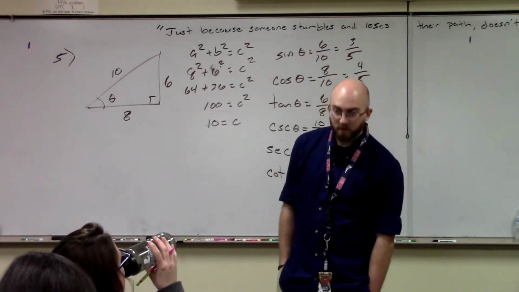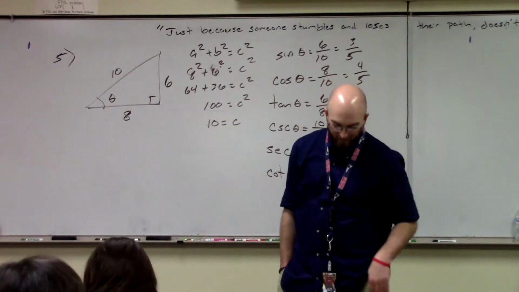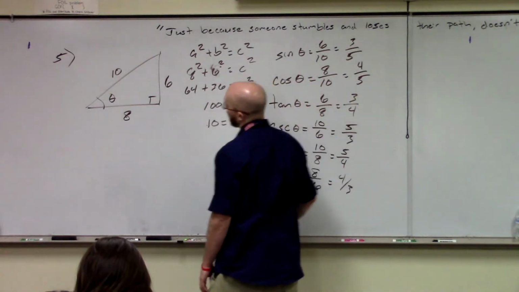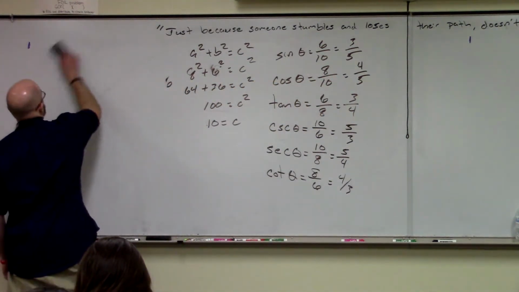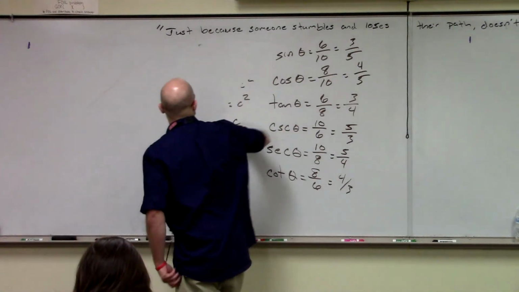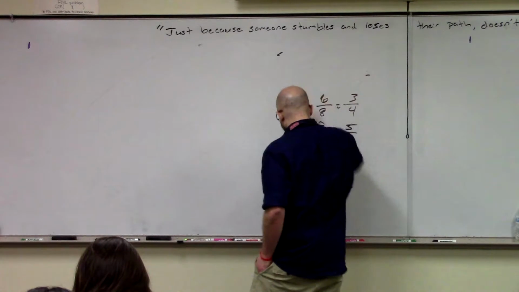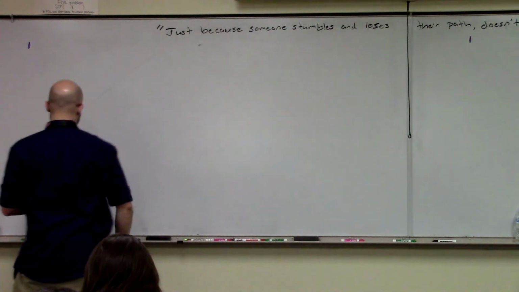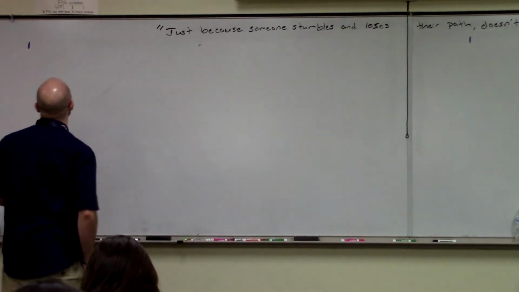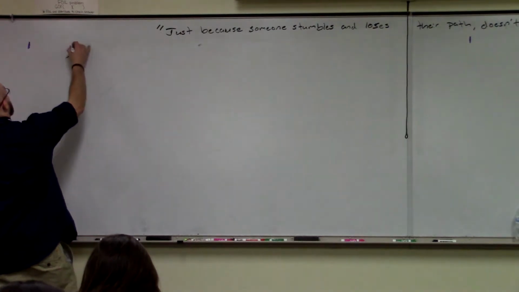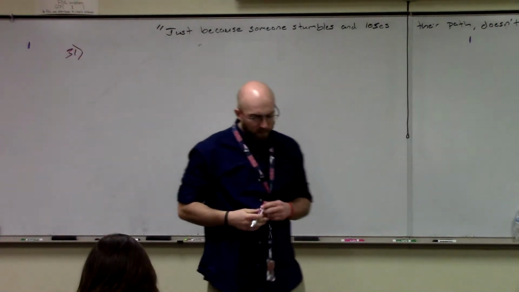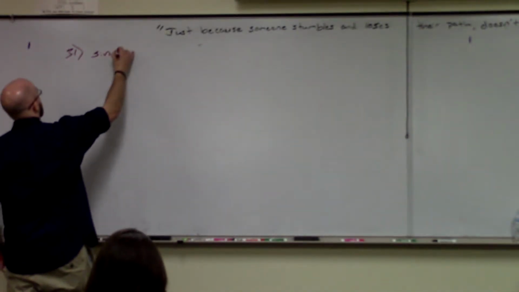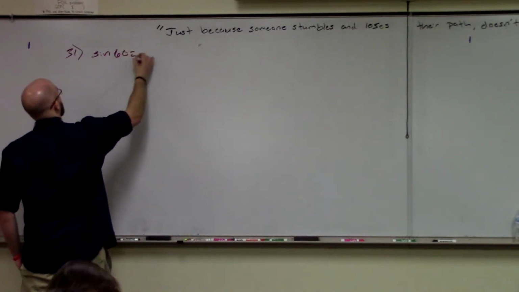Now, let's do a harder one. Let's jump to 31. It gives me some information, gives me sine of 60 equals square root of 3 over 2, right?